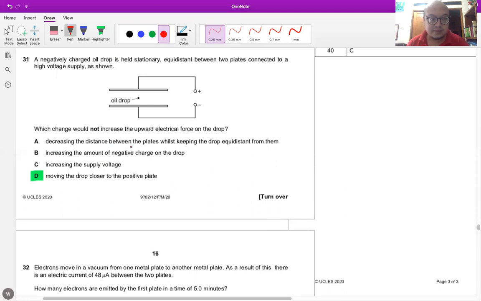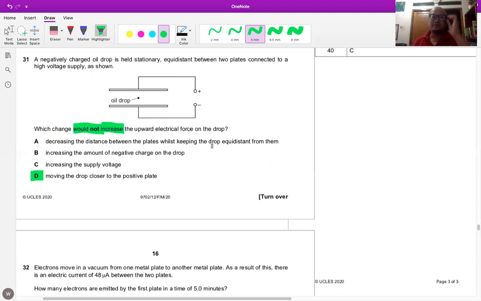Decreasing the distance between plates while keeping the drop equidistant from them. Moving the drop closer to the positive plate.